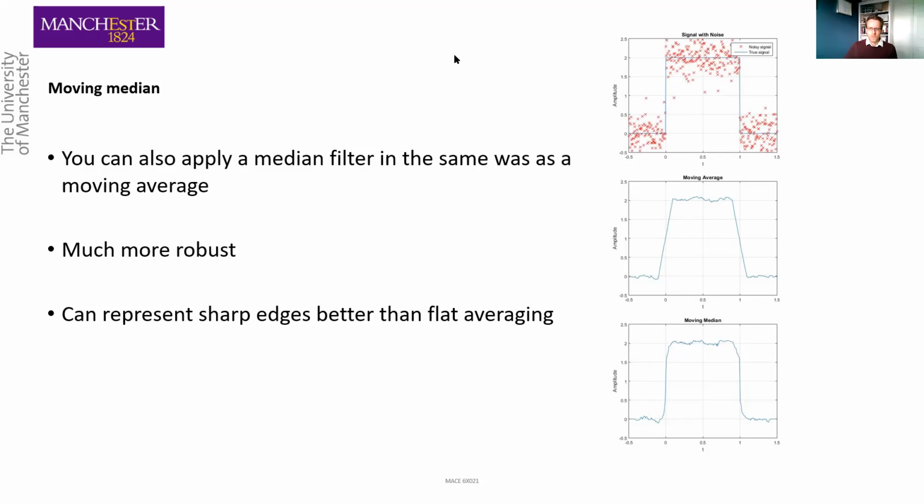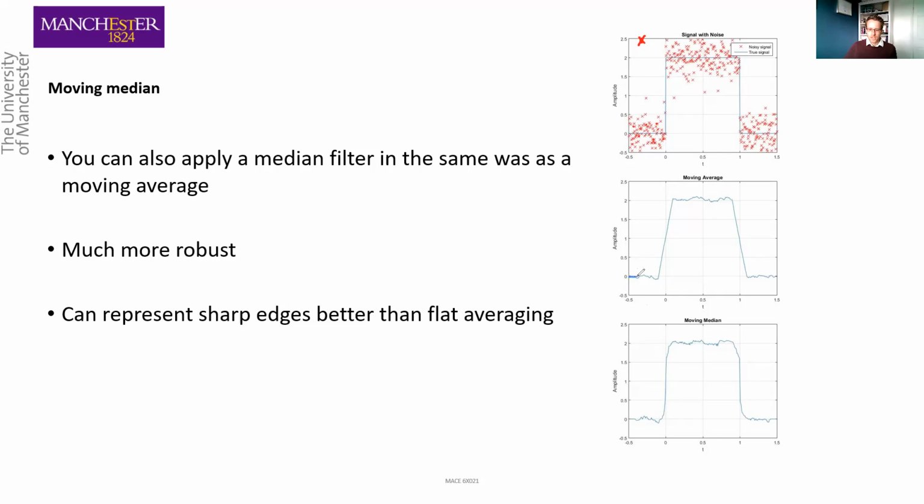Suppose, for example, we were taking a measurement where we had these red samples that we have at the top, but one of them was here. If we had a measurement like this and we took the moving average, the influence of this really large spike, this outlier, would be heavily felt.